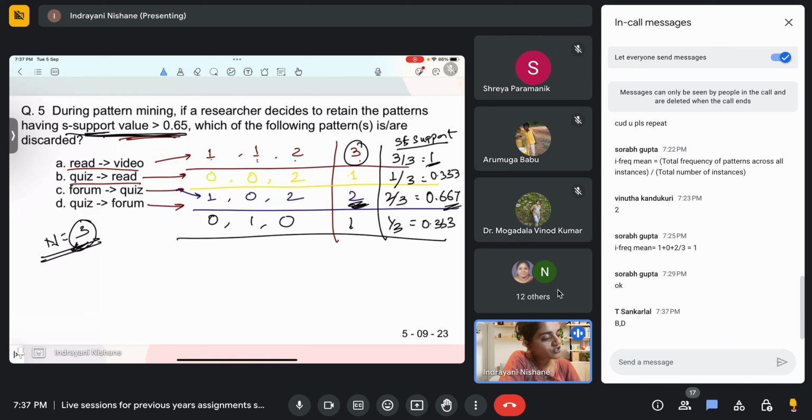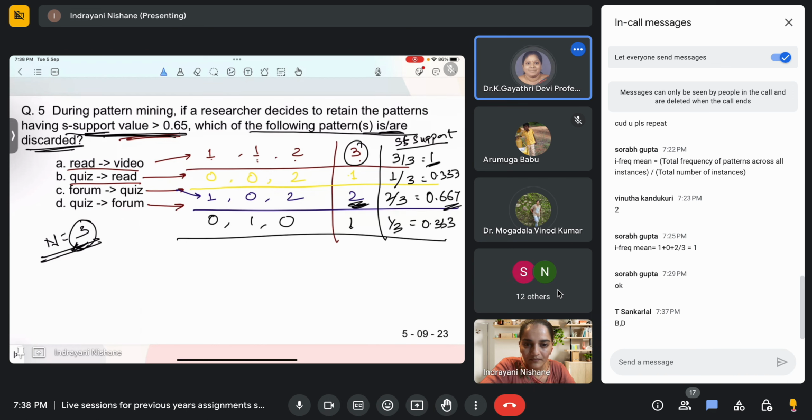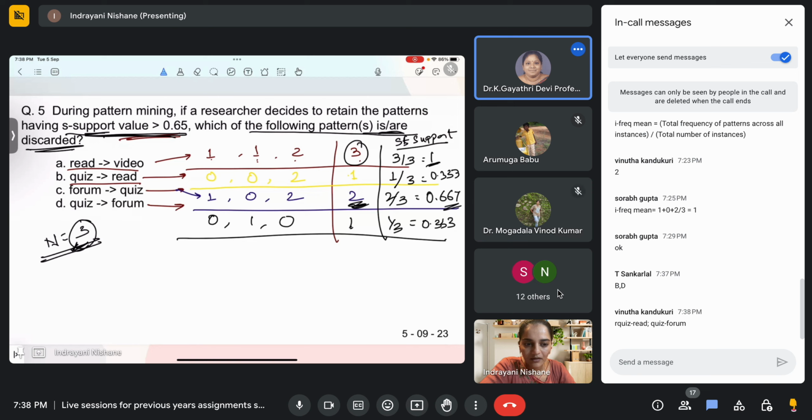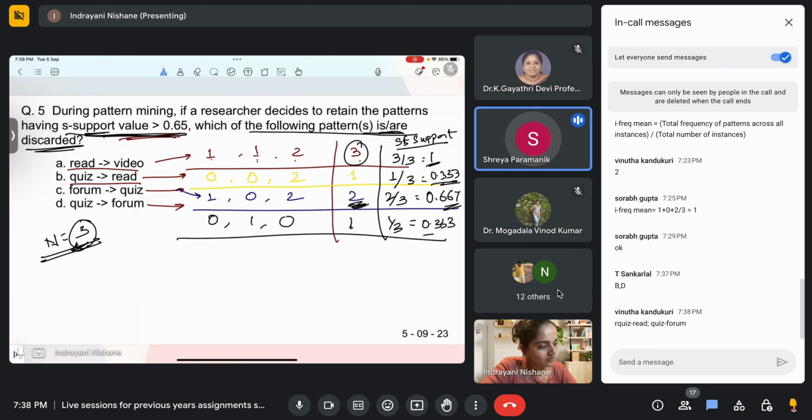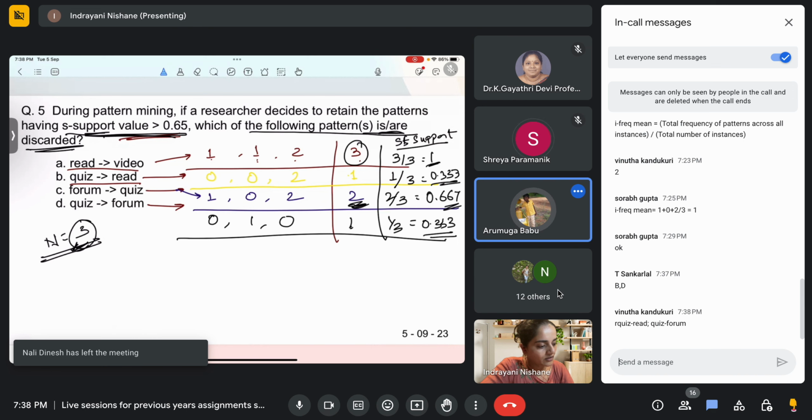The question is which of the following patterns will be discarded, not considered. So option B and D, these two will be discarded.